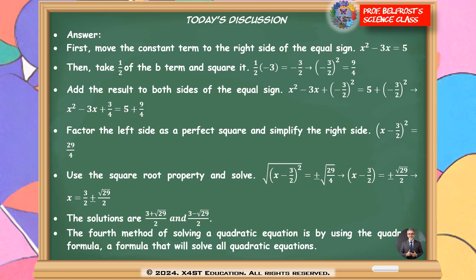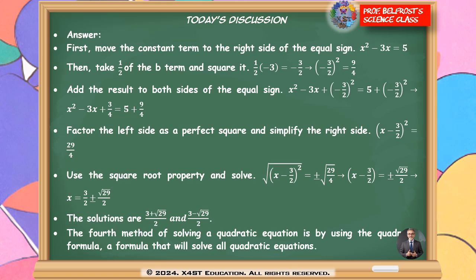And then we just need to add the result to both sides. Then we can factor the left side to create (x minus 3/2) squared equals 29/4. Then take the square root of both sides, which gives us x minus 3/2 equals plus or minus half times square root of 29.